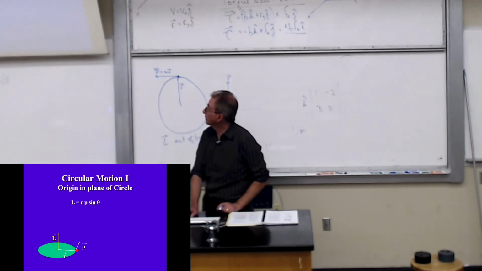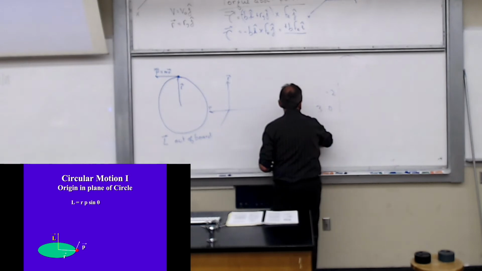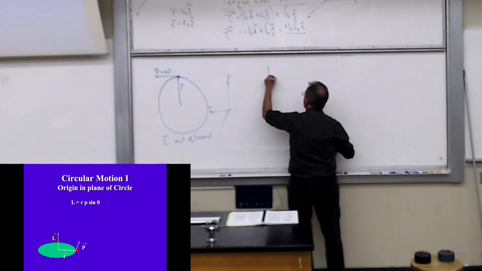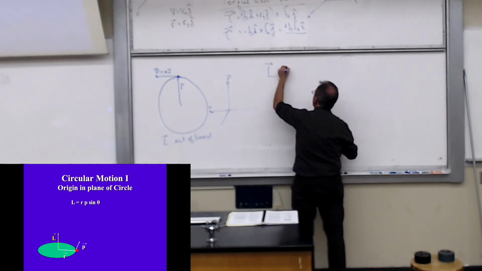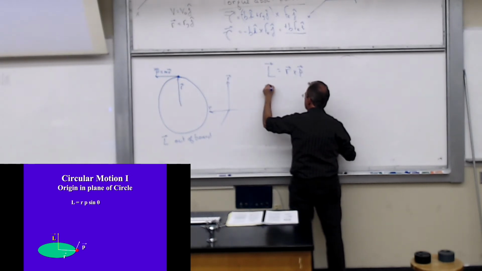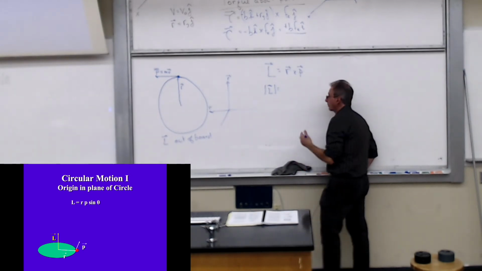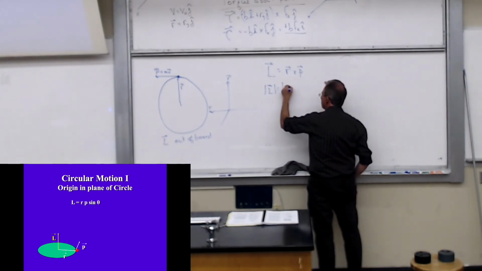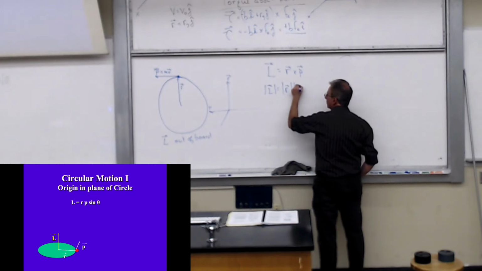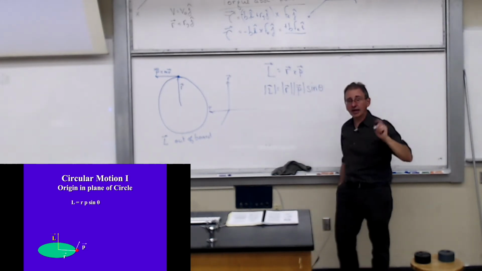What is the value of this thing? Well, L is R cross P. The magnitude of L is the magnitude of a cross product, which is given as the magnitude of R times the magnitude of P times the sine of the angle between the two vectors.